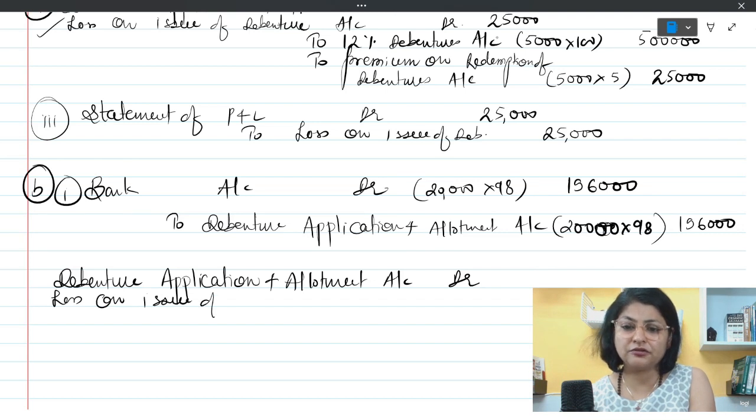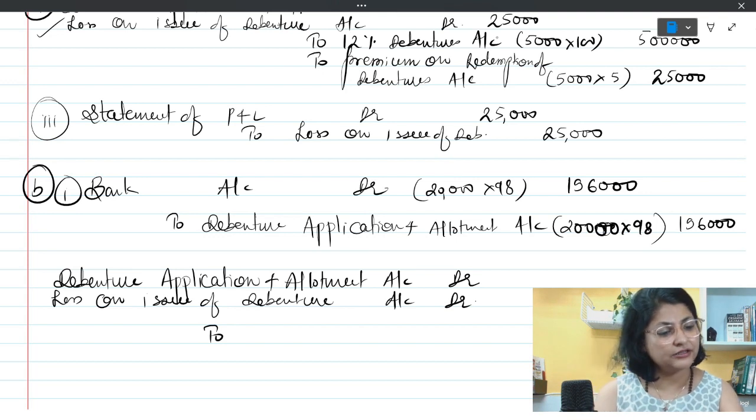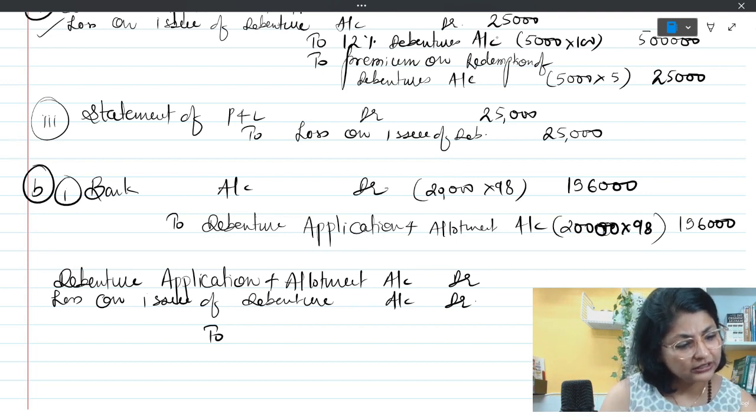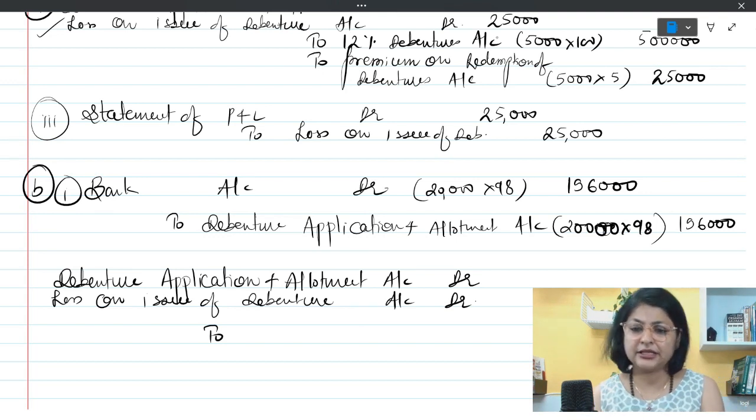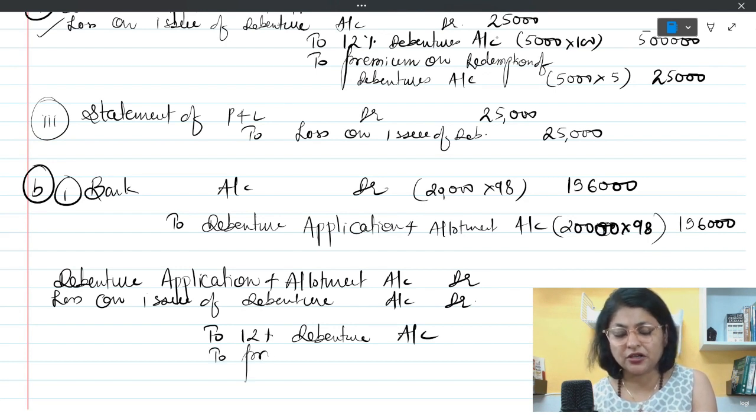Loss on issue of debenture account debit to, what is the name of the debenture? I will just refer from the book here. The name of the debenture is 12% again. So there is 12% debenture account, and again premium on redemption of debenture.